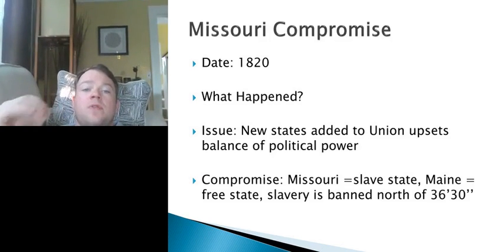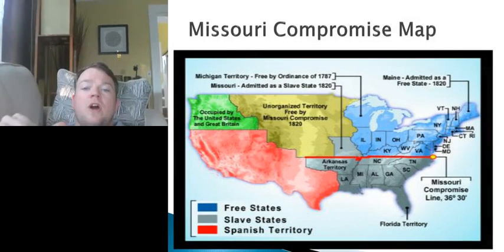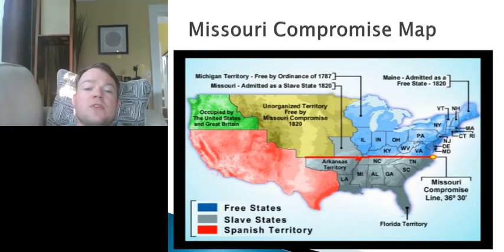All right. The person who came up with the Missouri Compromise is somebody that we should know from the election of 1824, a guy by the name of Henry Clay. So if we look at a map real quick, we can look at all the major parts. First, Missouri is admitted as a slave state in 1820. Maine enters as a free state in 1820, and then you can see the Missouri Compromise line right there.